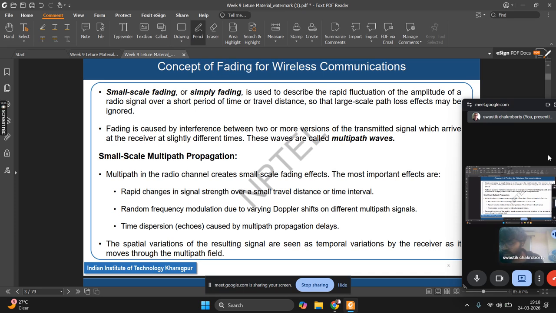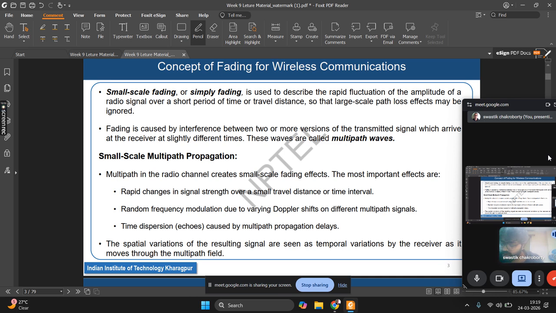But if you take, let's say, 50 meters or something, then the path loss difference between D and D plus 50 will not be that significant. You can say that there is no path loss because the 2 points are relatively close. The path is effectively very small.